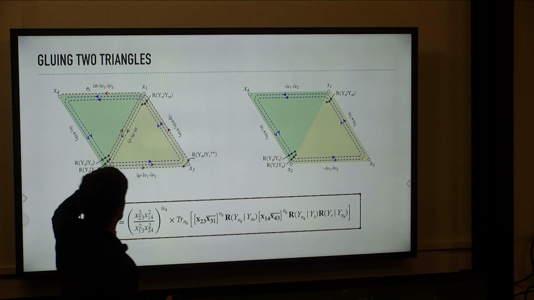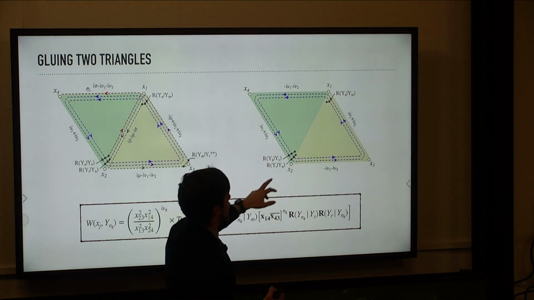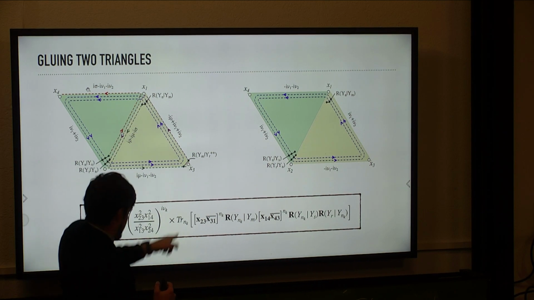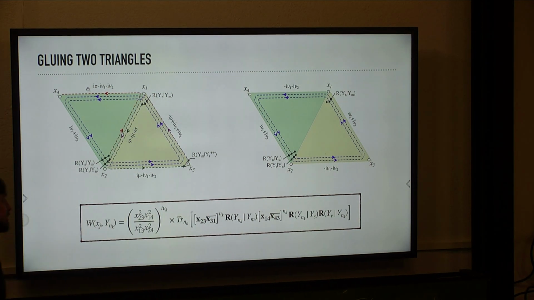I choose cut 1, 2, and I get this square. In cut 2, 3, I will have this purple one here and another square, and so on.